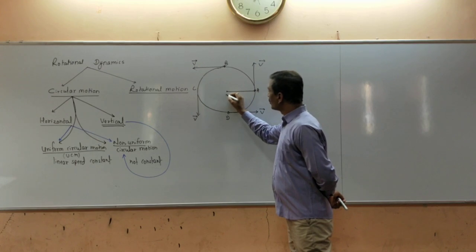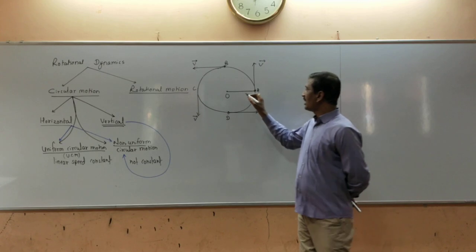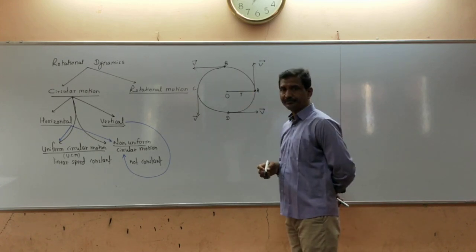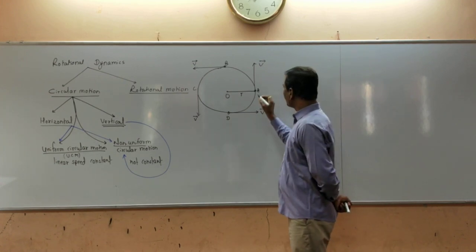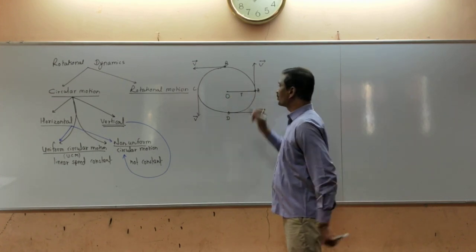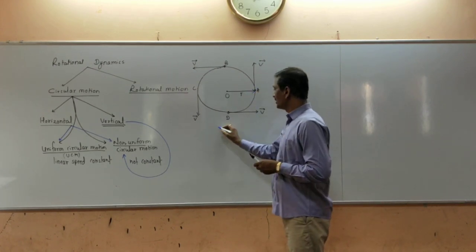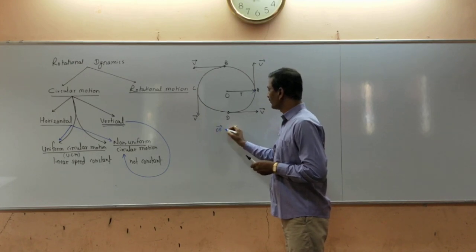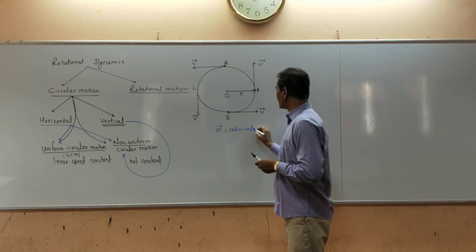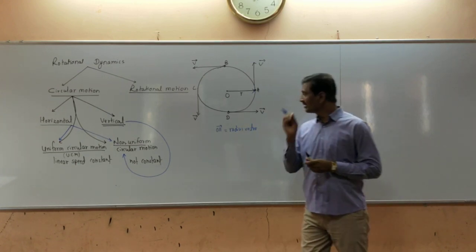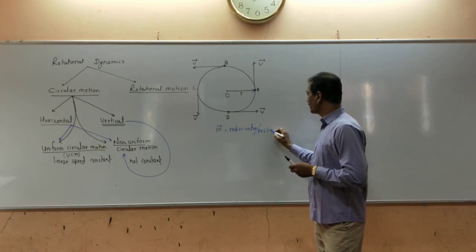Here, O is the center of the circular motion of a particle, R is the radius of its circular motion, and A, B, C, D are the different positions. If you draw the vector from the center to the position of the particle, it is called the radius vector. Here vector OA is the radius vector when the particle is at A. This radius vector is also called the position vector.